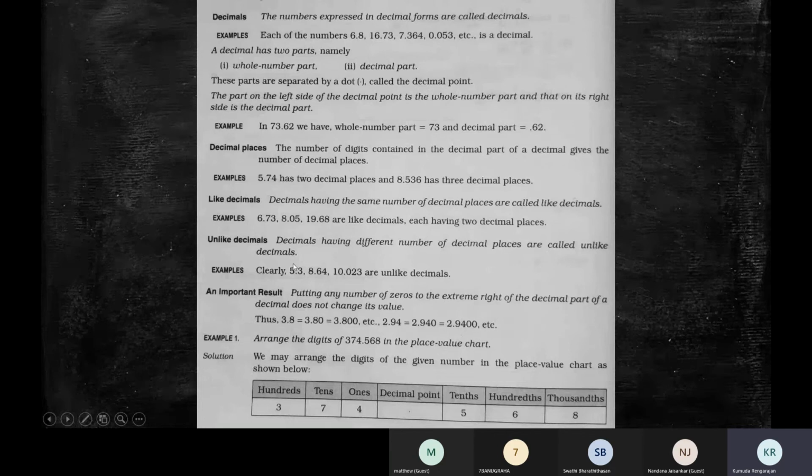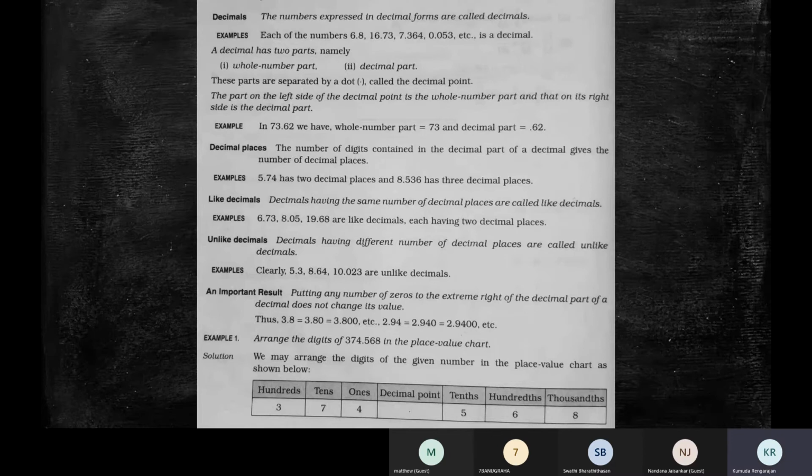So now these decimals have different decimal places, so they are called unlike decimals. Now, like in fractions, unlike fractions can be made like fractions by bringing them to the same denominator.